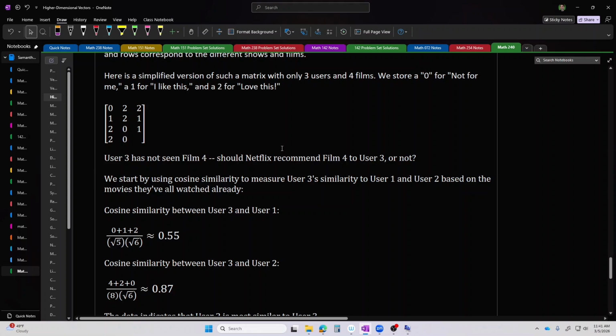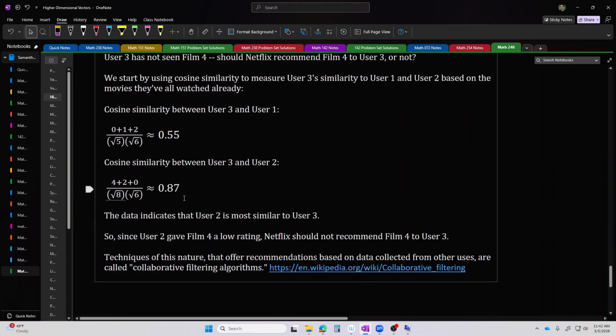We can do a similar calculation to measure the similarity between user 3 and user 2. We find that the cosine similarity between user 3 and user 2 is 0.87. So because the cosine similarity here is larger than the cosine similarity here, we can conclude that user 3 is pretty similar in their viewing tastes to user 2.